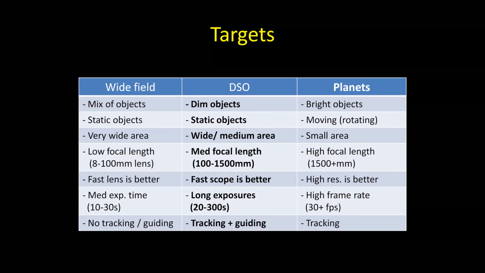So long exposures, like multiple seconds or multiple hundreds of seconds, versus planetary, where you would do a sub-second exposure. With that said, when it comes to long exposures, tracking is pretty much mandatory and guiding is highly preferred. We'll touch base on that a little later. I have a slide on that, so we're going to dig into it a little deeper.